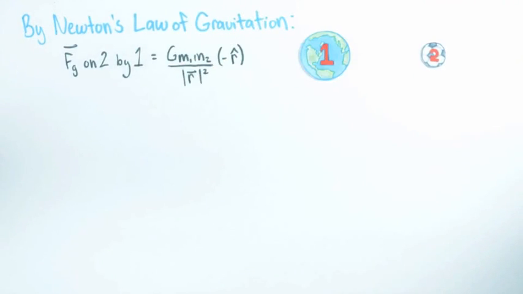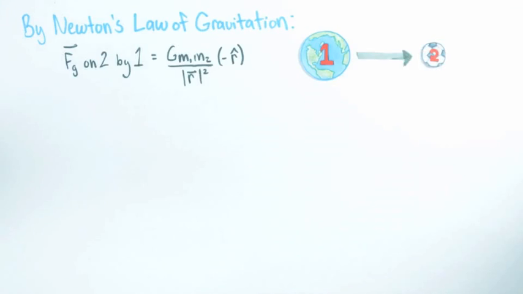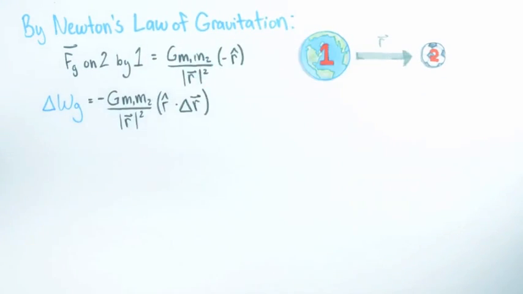Now let's emphasize here that the delta r vector, the change in the relative position vector, need not be parallel to the r vector or r hat. However, when we take this scalar product, we end up with the change in the magnitude of r.